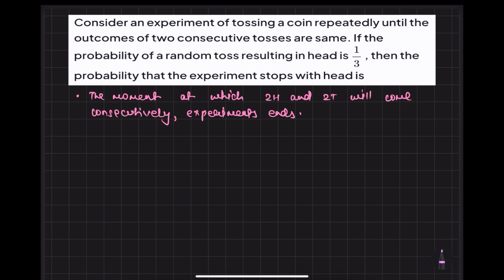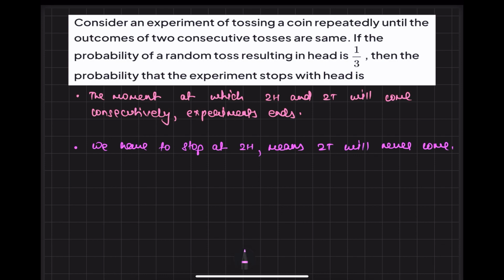Then the probability that the experiment stops with head, okay, this means we have to stop at two heads, means two consecutive tails will never come. Okay, so this is the idea.